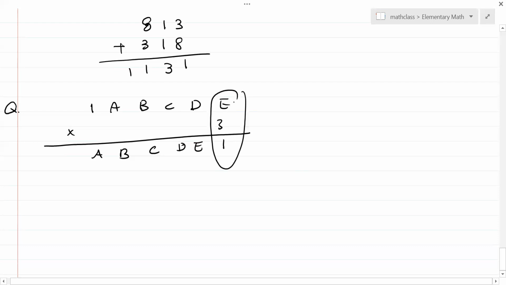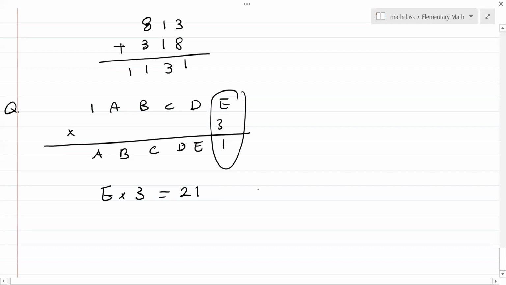Okay, that gives you, I think, 7, because 3 times 7 is 21. 3 times which number gives you the last digit, right?